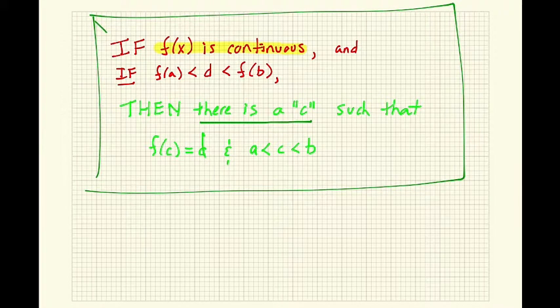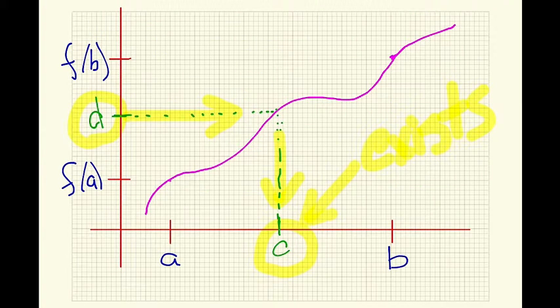Hopefully you can see this picture and understand that there's a point C that exists for every point D in between two bounds, f of A and f of B.